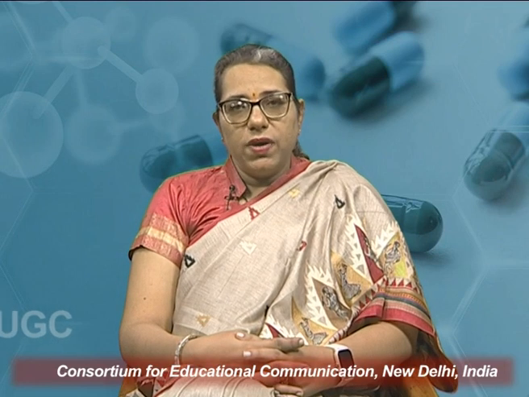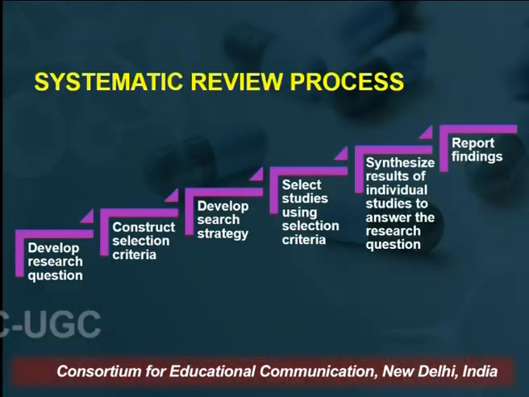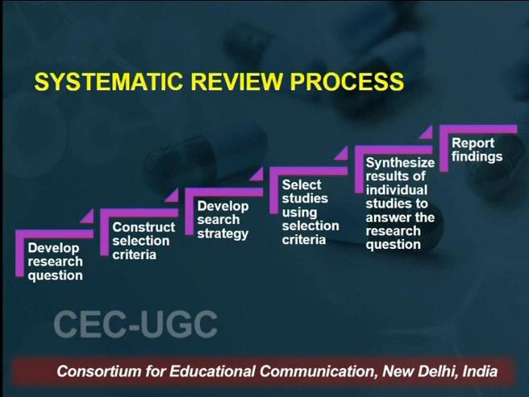Besides drafting our selection criteria, we will also define how we are going to search for those studies. Searching is again very important in the systematic review process because it should be very systematic, including all the literature that has been published on this particular area for this many years.